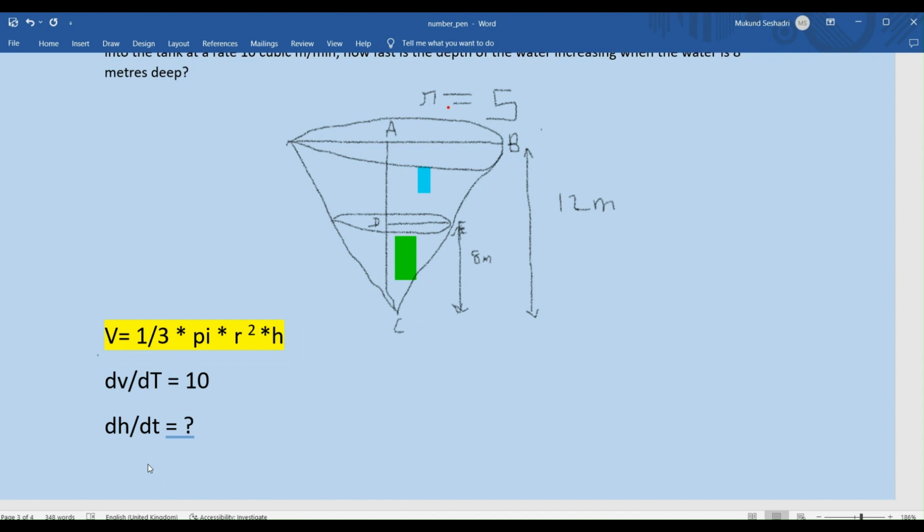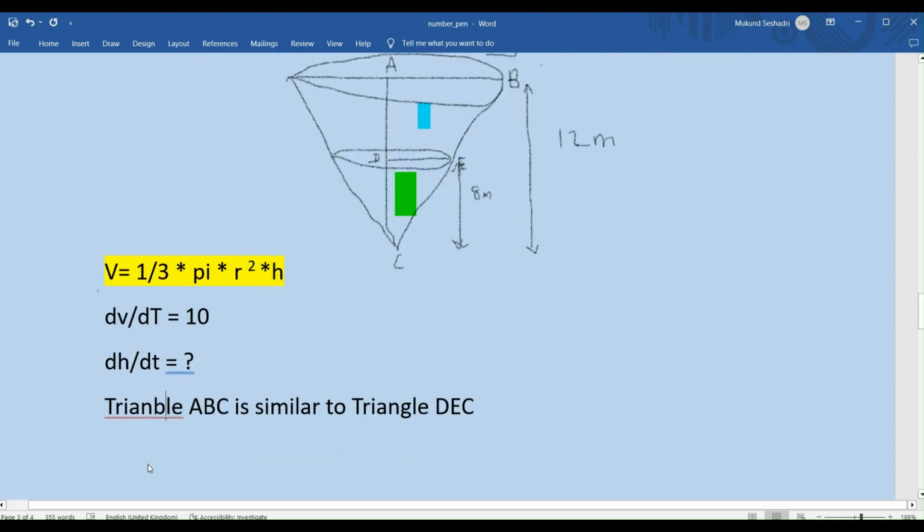Here we have the concept of similar triangles where triangle ABC is similar to triangle DEC, right? So we have DE by AB equals DC by AC, right?